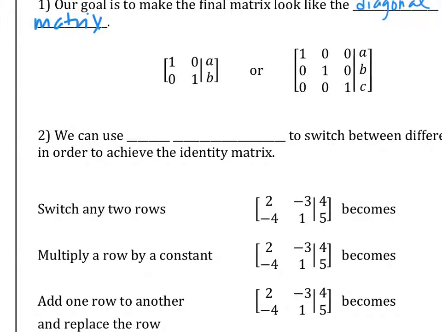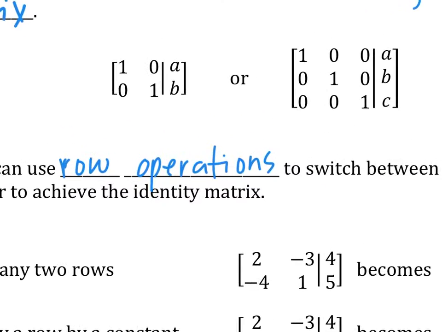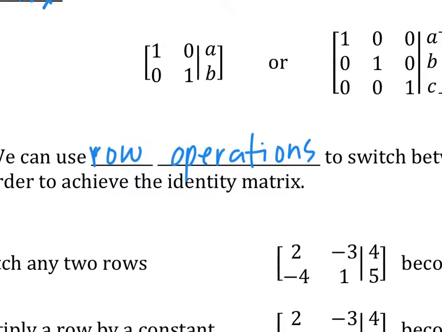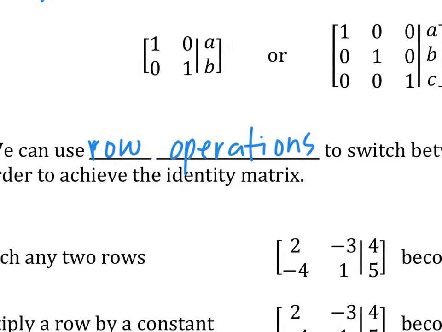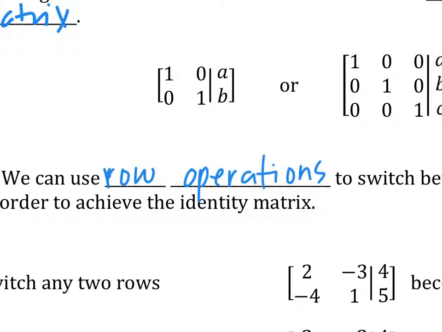So we are going to use row operations, and there are some rules. First, when you have a matrix, you can switch any 2 rows. For example, if you have this matrix that has these 2 rows, we can swap them entirely.